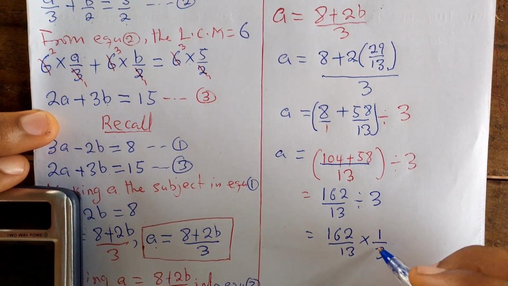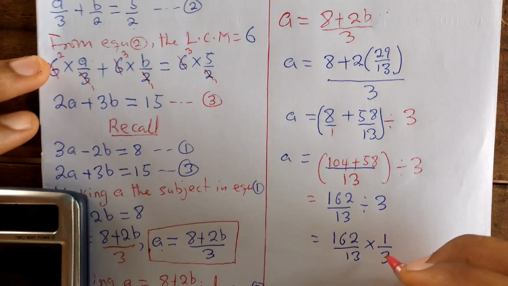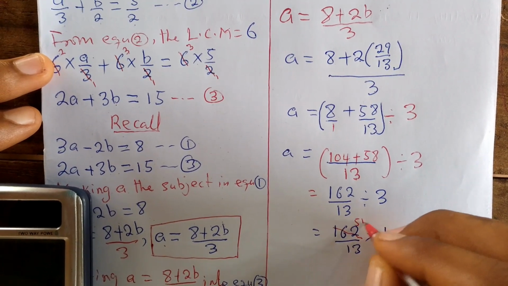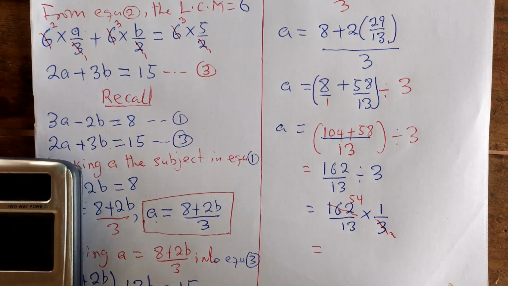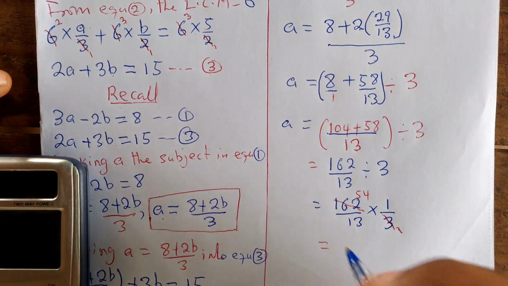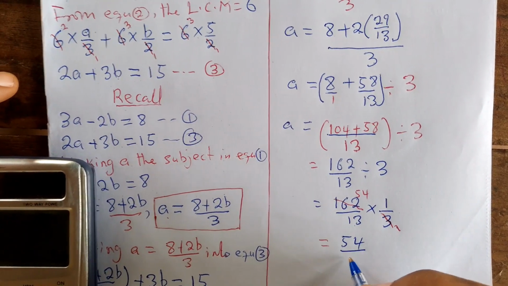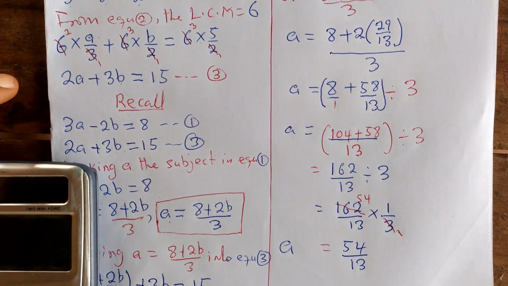I realize that 3 can go into itself 1 and into 162 54 times. So 3 here 1, 3 here 54. So I am now having 54 times 1, which is 54, out of 13 times 1, which is 13. So this is my A. So A is equal to 54 out of 13.